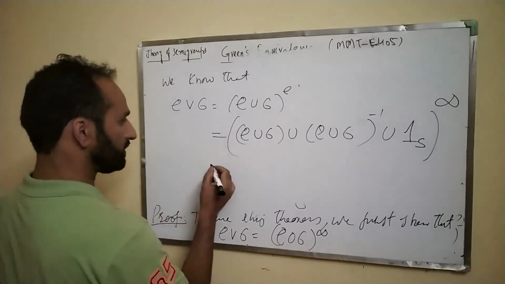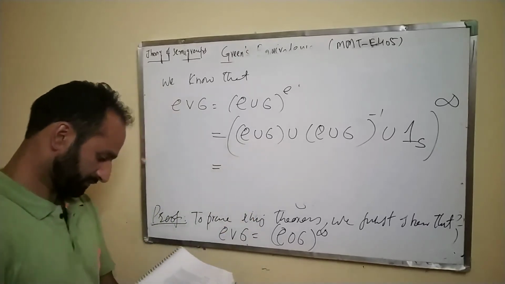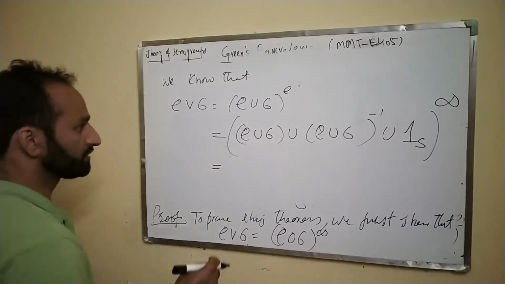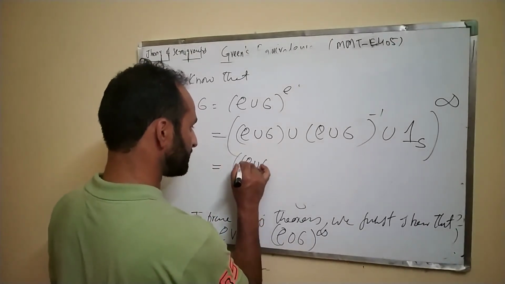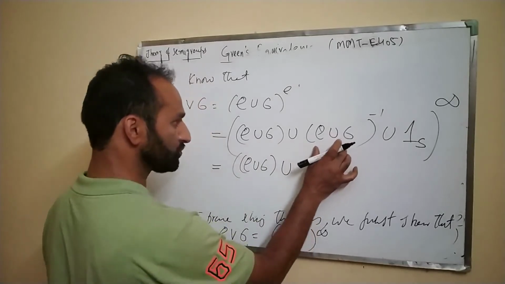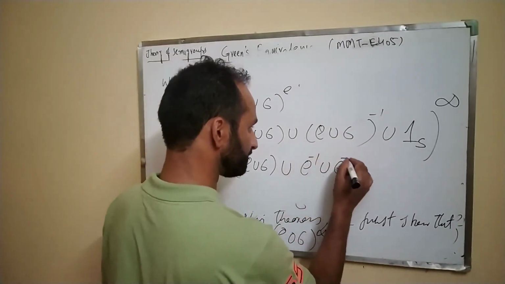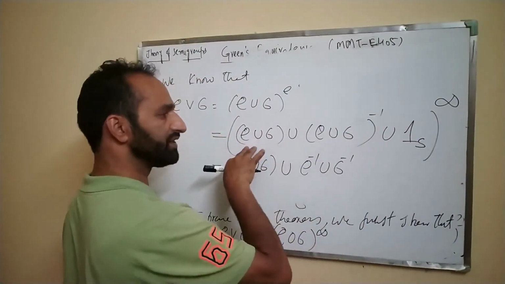And if you see, this is equal to rho union sigma, and rho inverse union sigma inverse, union identity relation, because rho contains the identity relation.